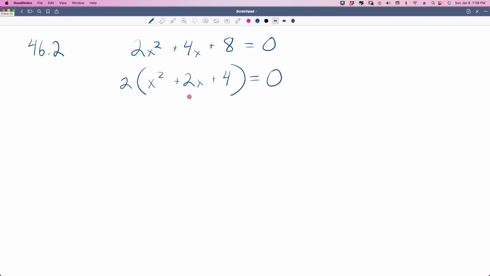So we are going to see how we can do that. Because we have this x in here, it's actually going to be easier for us to use the quadratic formula, I believe. I think that's what we'll do.